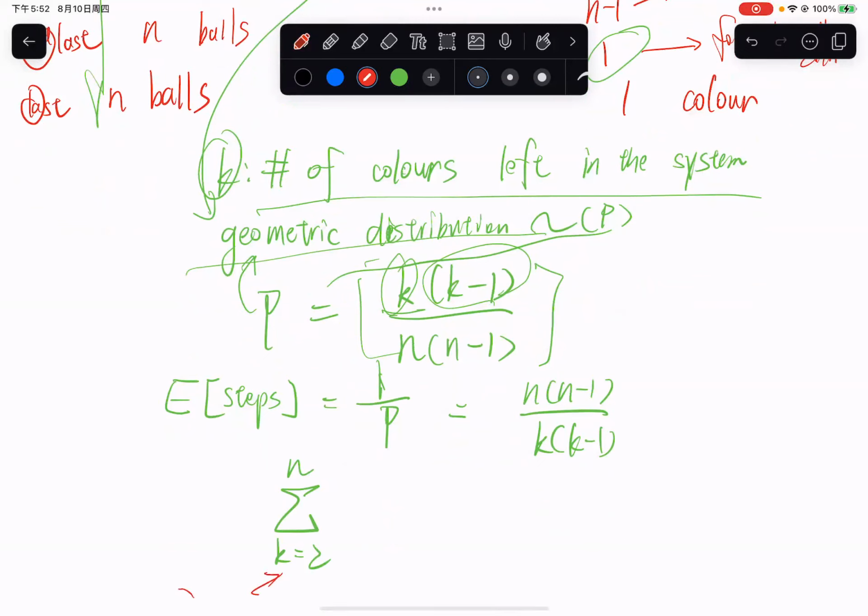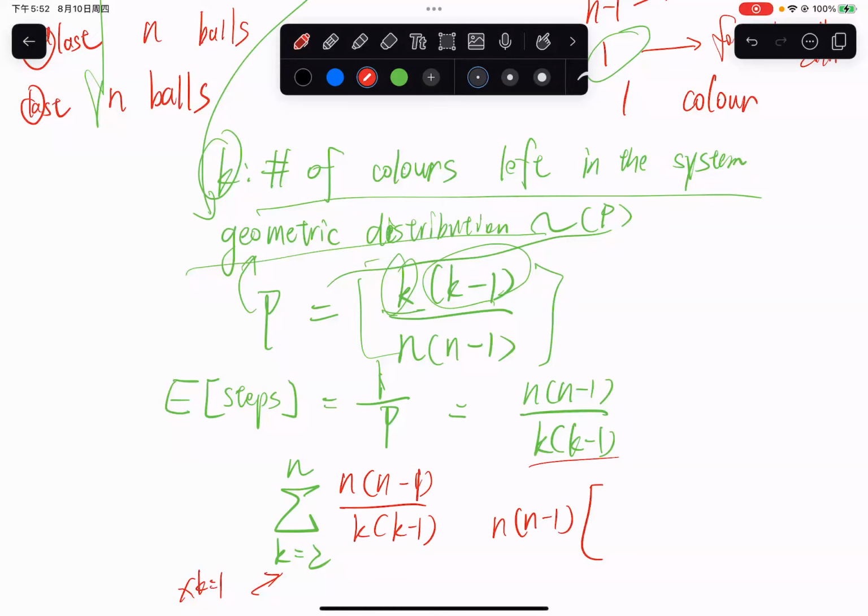Remember, this is not k equal to 1, because if there is only one color left, we can never find a pair which could reduce the number of colors in the system, right?